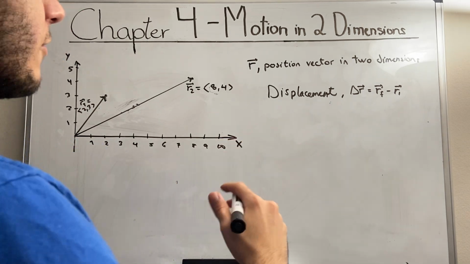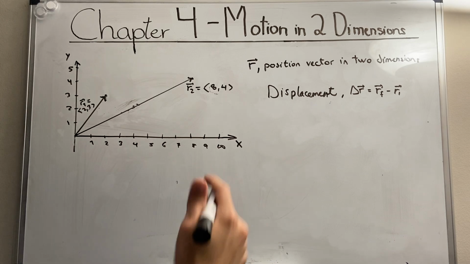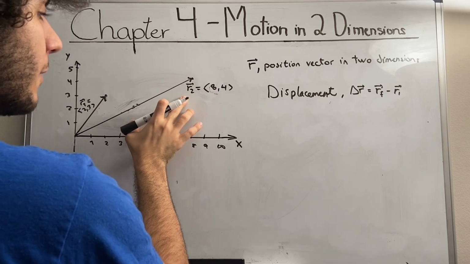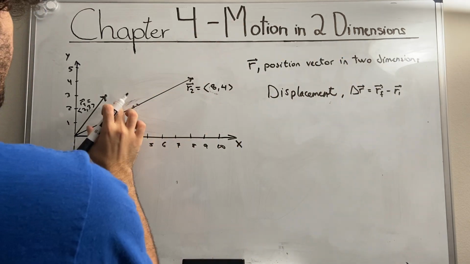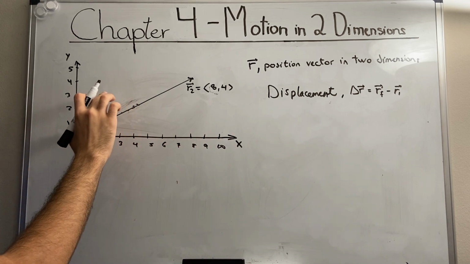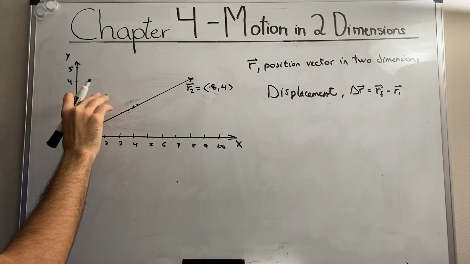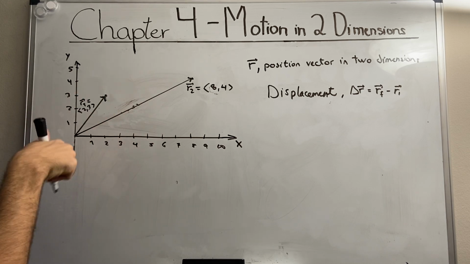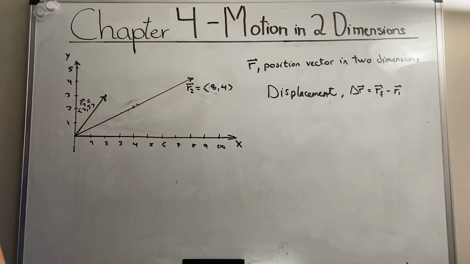So if you remember anything from Chapter 3, we would actually be doing an arithmetic operation of vectors here. We'd be taking this vector and subtracting that one. Or we'd be adding the opposite, like if we multiplied this vector by -1, then we would be adding that vector to this one.